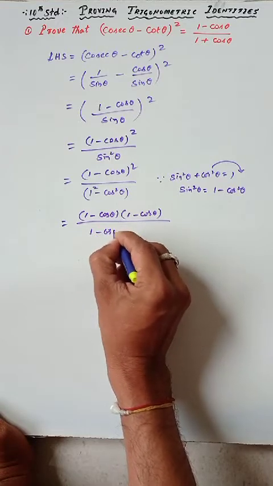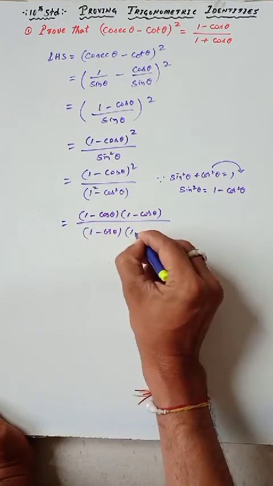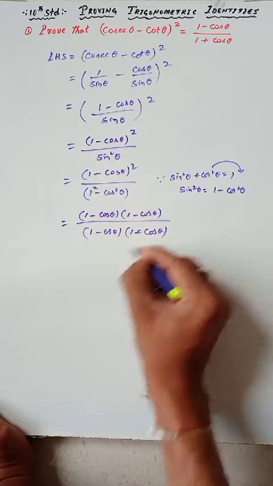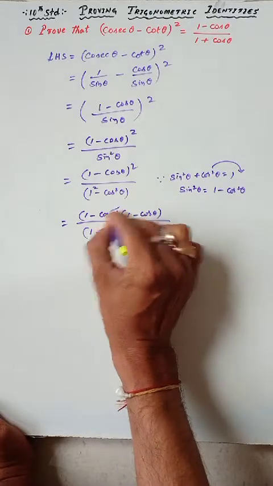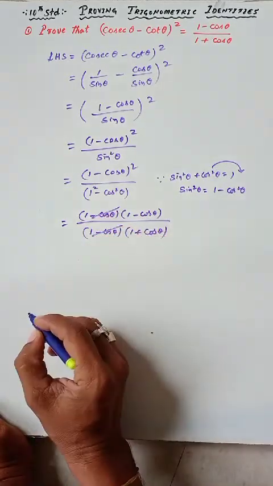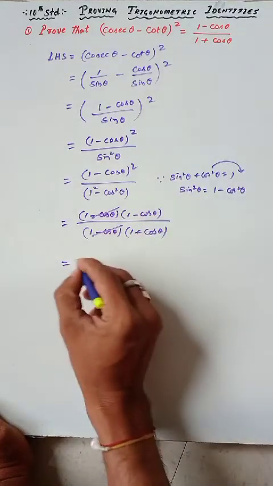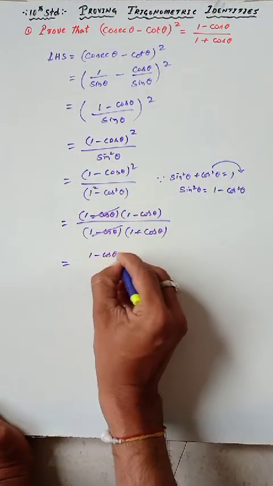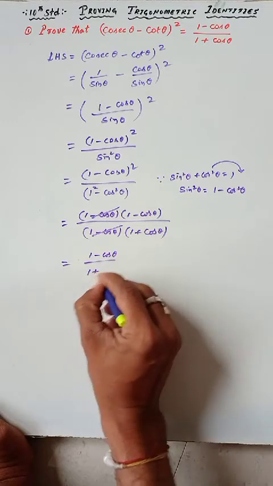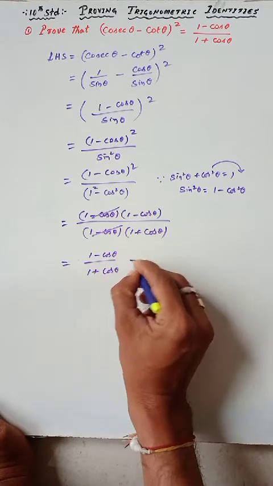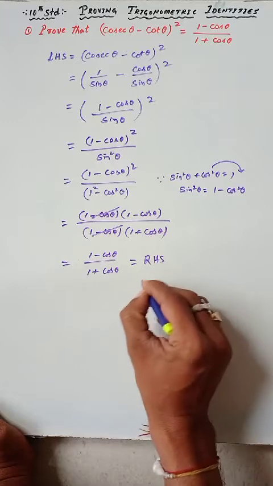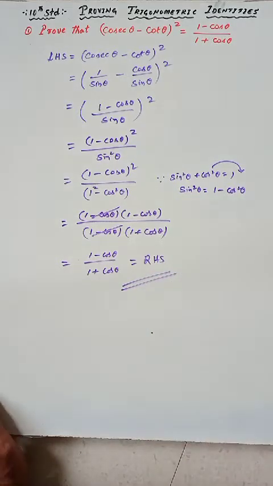Therefore, 1 minus cos theta into 1 plus cos theta we can write. Now, one of the 1 minus cos theta will get cancelled. So we get the RHS. You see, same, that is 1 minus cos theta by 1 plus cos theta is the RHS. In this way, we can prove the identities here.